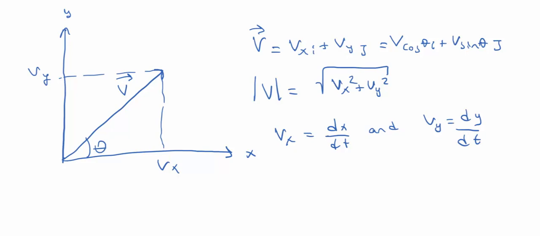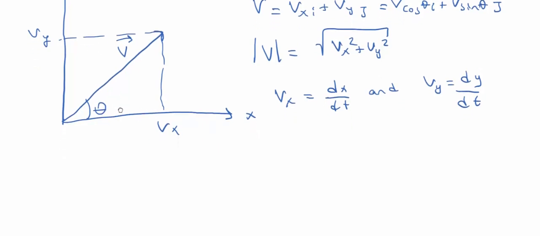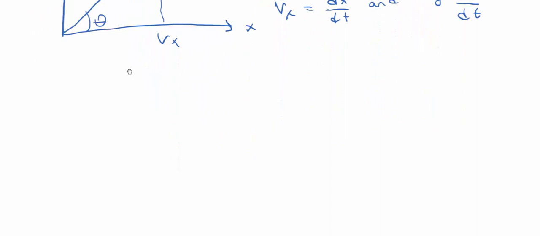And I would like to talk about, in one-dimensional motion, only a particle's speed changes. But in two-dimensional motion, both a particle's speed and direction change. And let's suppose that we have a curved road, okay?